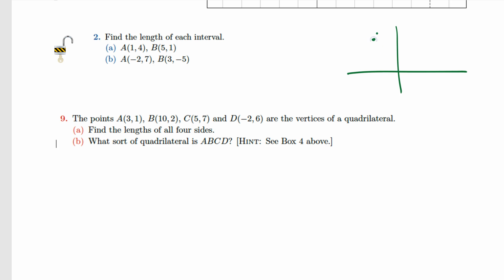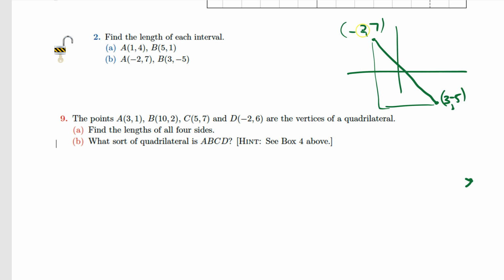So here's -2, 7, and b is 3, -5, so it's down here somewhere. And when I look at those pairs of points, then I'm getting the length of this line just here. If I wish to, I can then really easily see the triangle if I want to go without the formula.